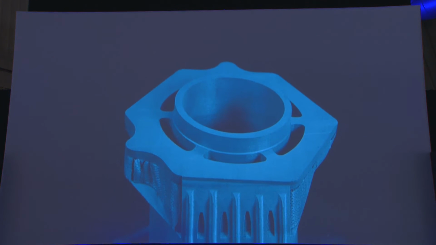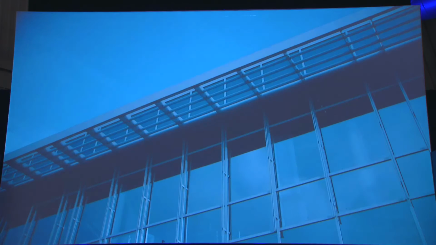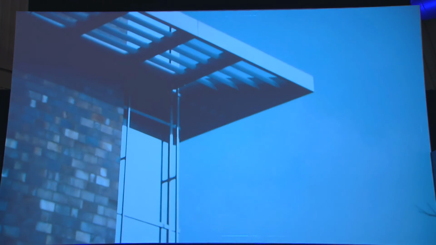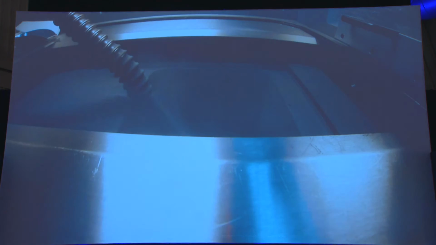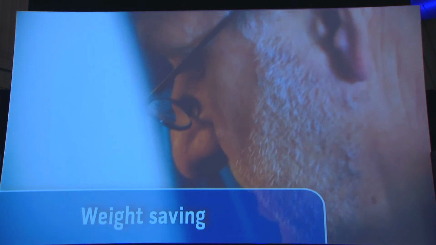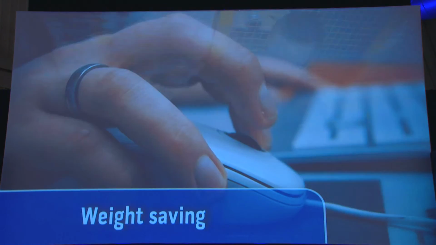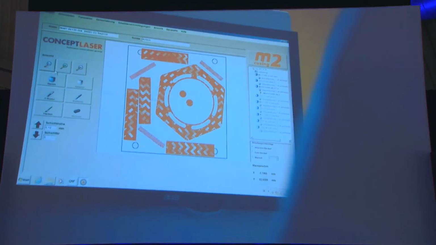In this case, selective laser melting is the technology used here. Our colleagues could demonstrate that it's possible to substitute a very complex part that needs a lot of hours to be machined with a titanium additive manufactured part.